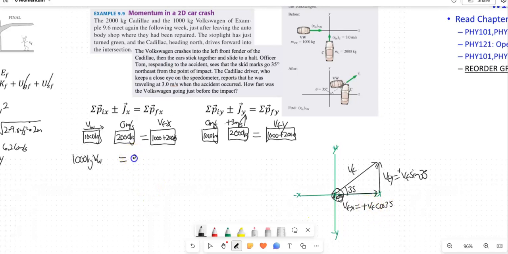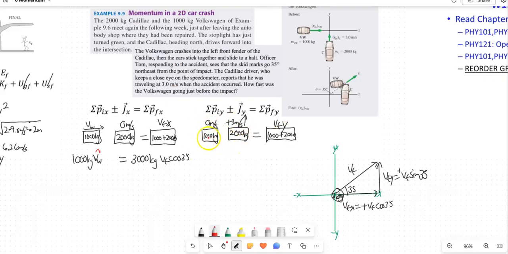So this is 3,000 kilograms v final cosine of 35 degrees. So right now we have to solve for this, but we have another unknown right there. We need v final. The only way we get it is with another equation, which is right here.